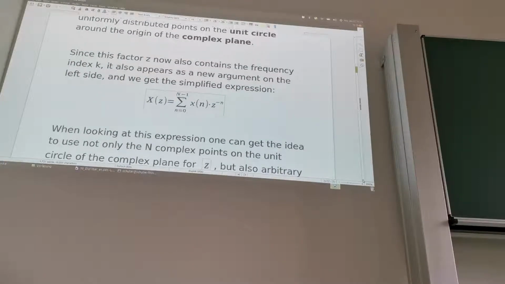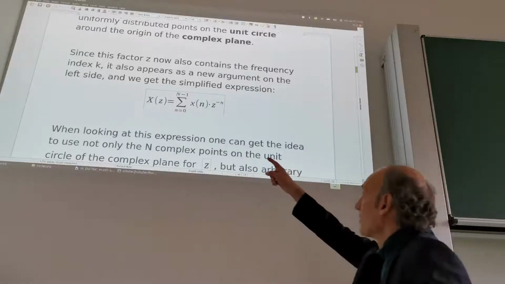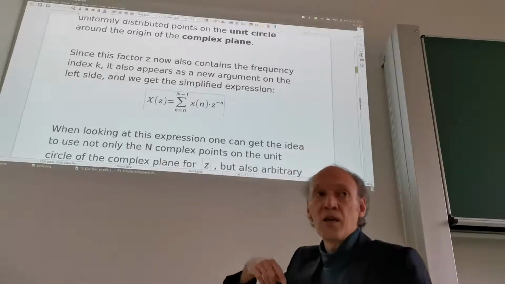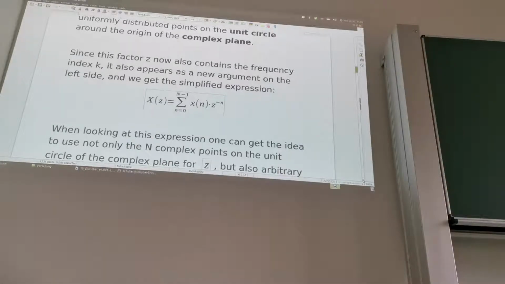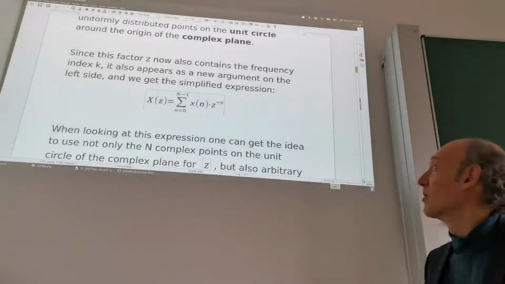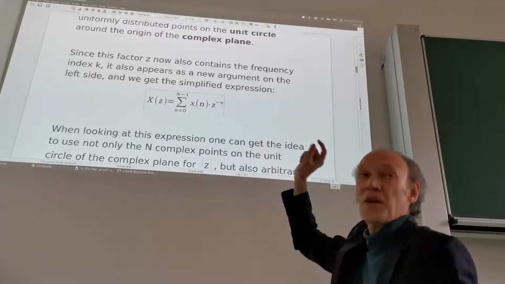Yeah, and since this factor z now also contains the frequency index k, it also appears as the new argument on the left-hand side of our DFT equation, and we get this simplified version. So instead of x of k, we now have x of z, because that contains the k. And instead of this e to the j something, we now have z to the minus n.